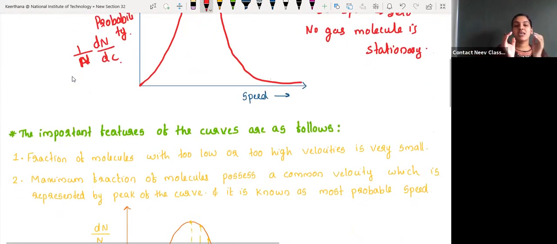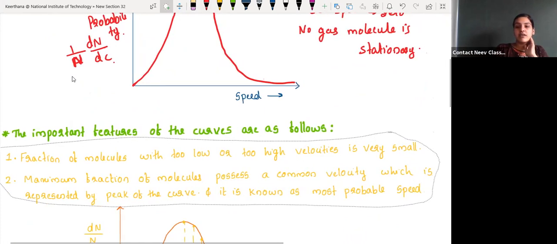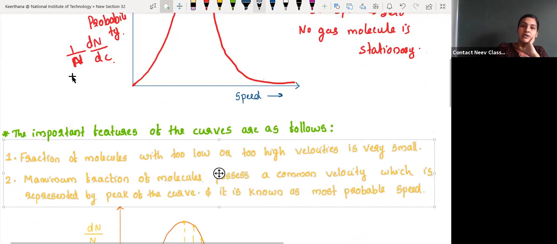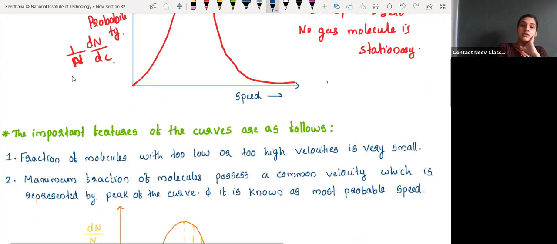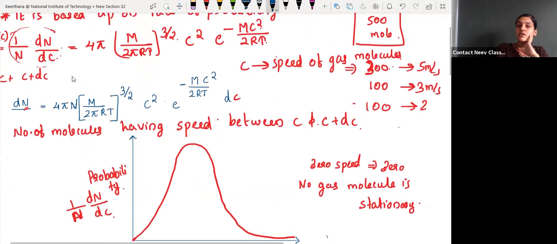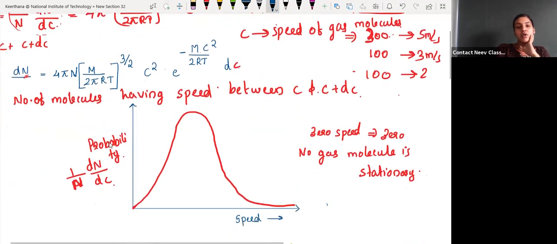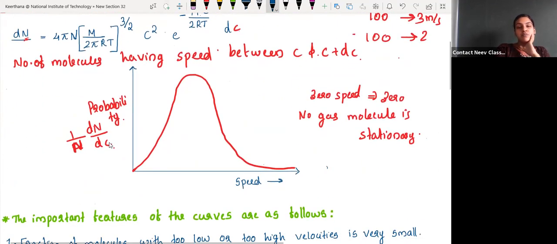Then what are the important features of this curve? Is that clear for everyone, how we drew this? There is a probability function. They defined the equation, found the relation, and based upon that wrote the curve of probability versus speed.